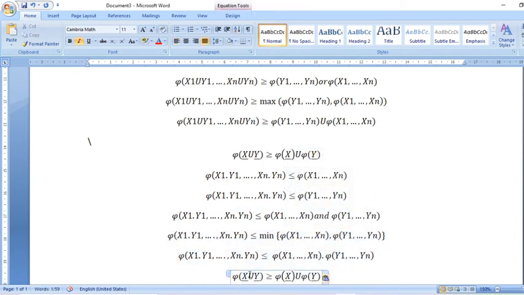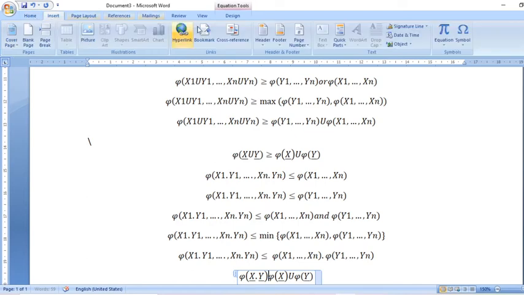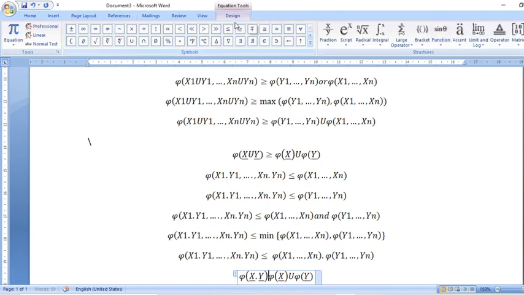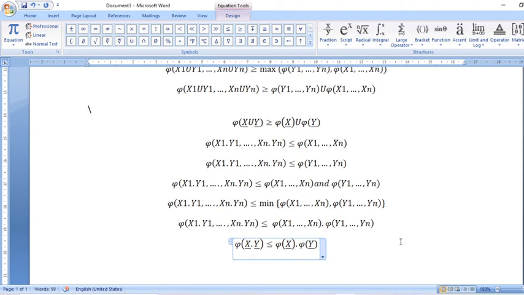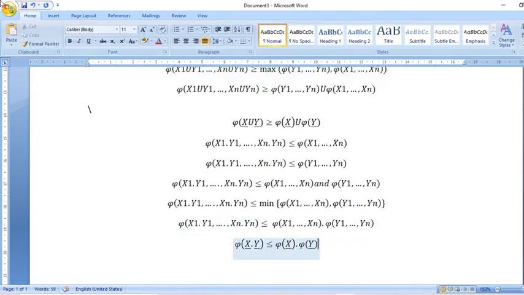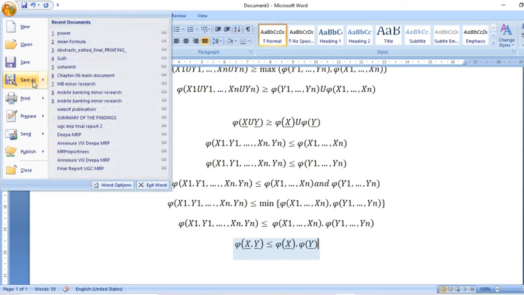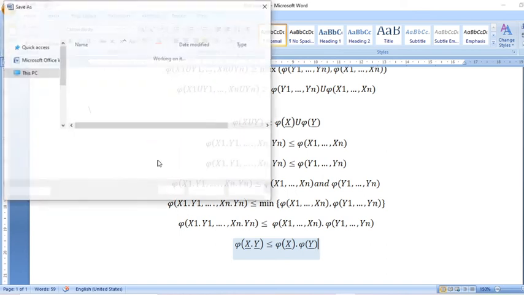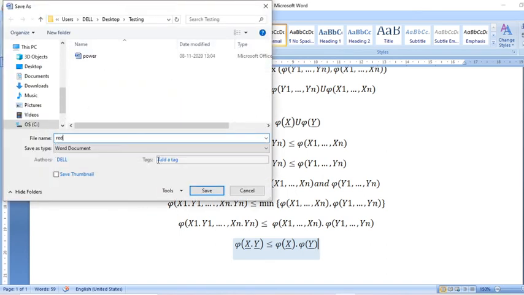Phi of x dot y is less than or equal to phi of x into phi of y. I think you got the idea. These are the steps. I will share this concept with you.